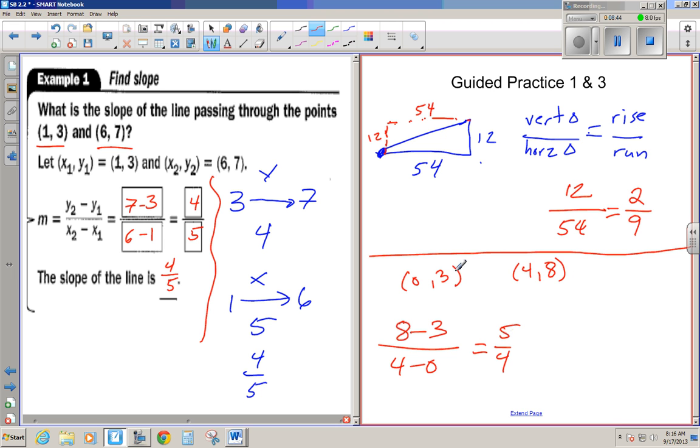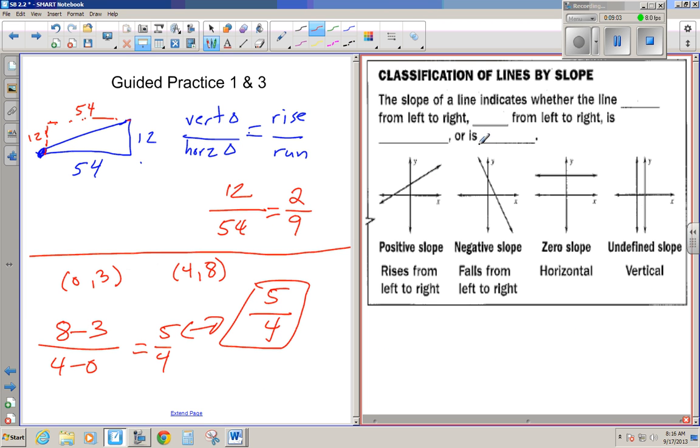Or you can just look at this and say 3 gets bigger to 8, so y increases by 5. There's a 5 change, then there's a 4 change, and you just have your answer. So either way works.